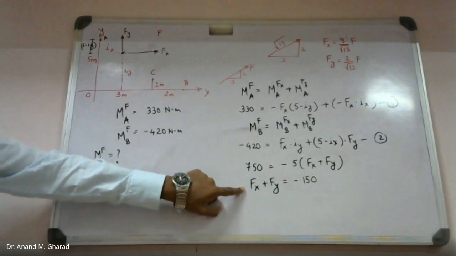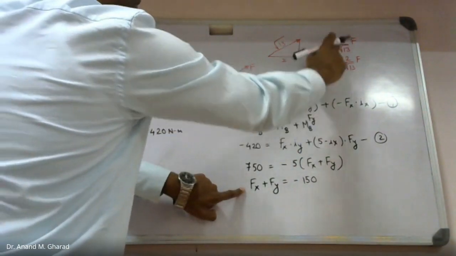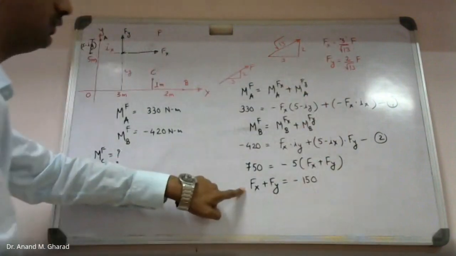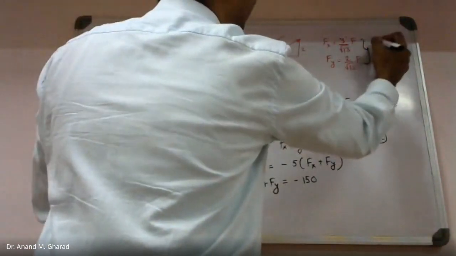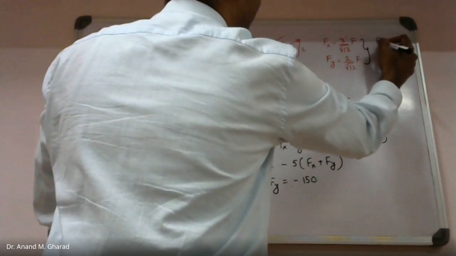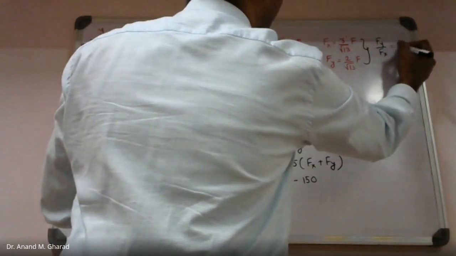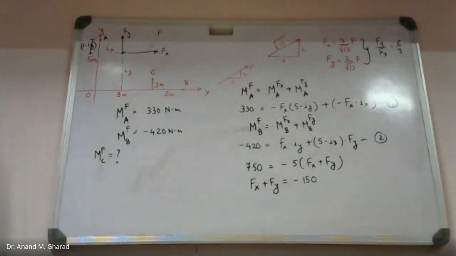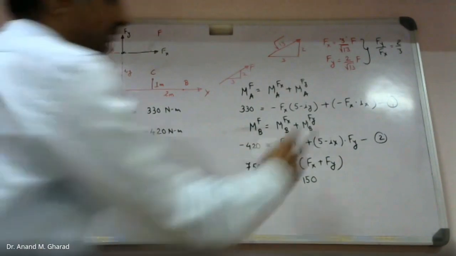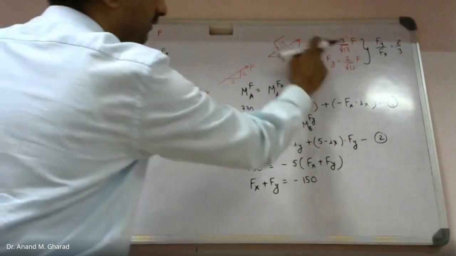Okay, but you have some relation between Fx and Fy in this manner, right? So from here, can I say Fy by Fx equal to 2 by 3, right? What I have done, I have simply divided these two terms, Fy by Fx.